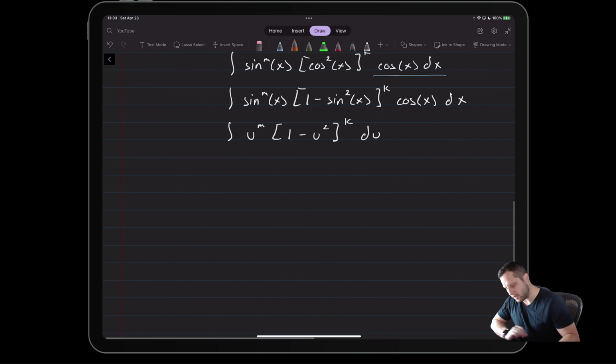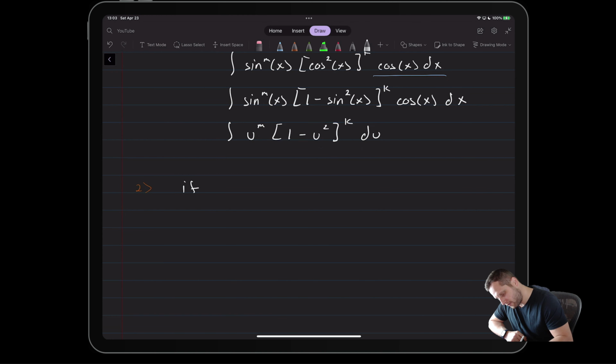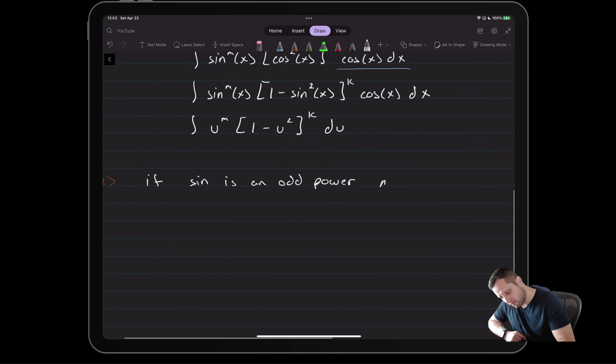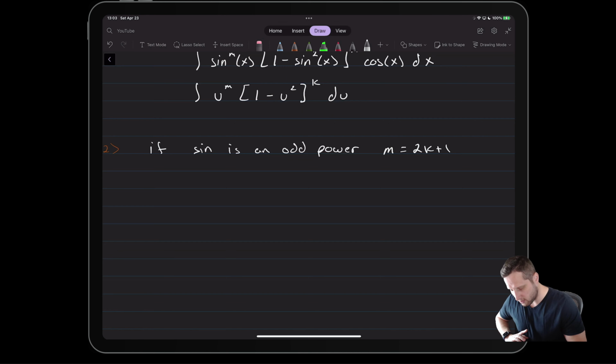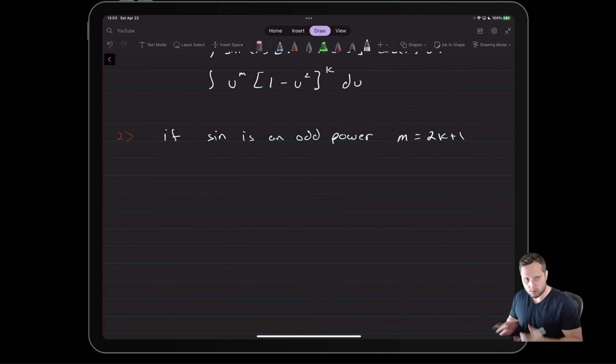There are going to be 3 of them here. The second one is if sine is an odd power, so m is equal to 2k plus 1. It's the same thing we did with cosine, except we swap what our u's are.